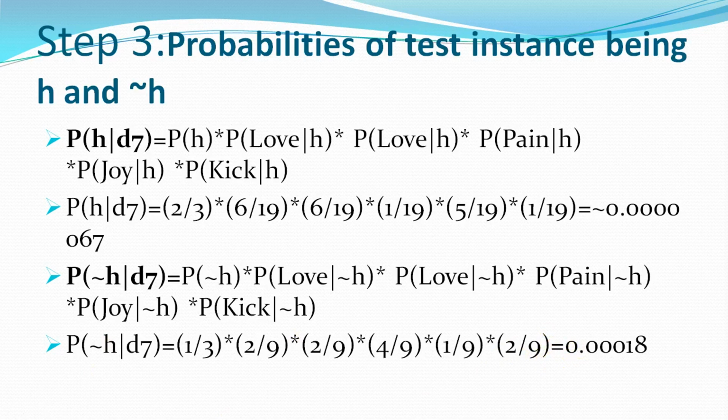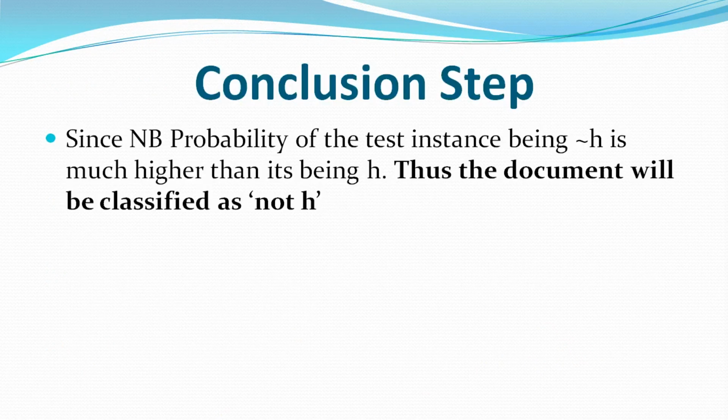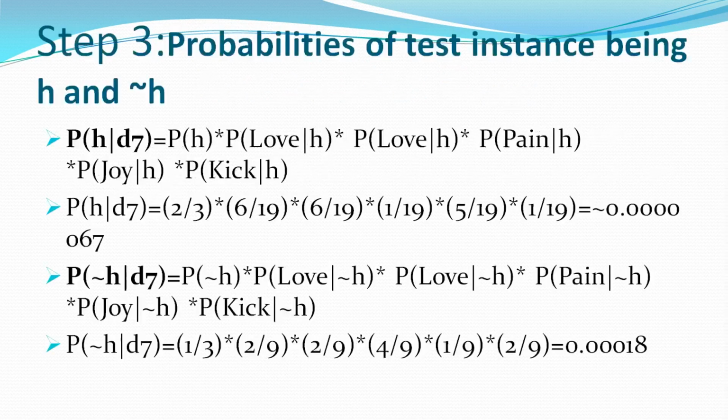Now that is the final step. In the final step, what happens? We know that since Naïve-Bayes probability of the test instance being negation of H is much higher than it being H. See here, see the value here. The negation of H value, that is this one. So the test data being in negation of H, the value is 0.0018.